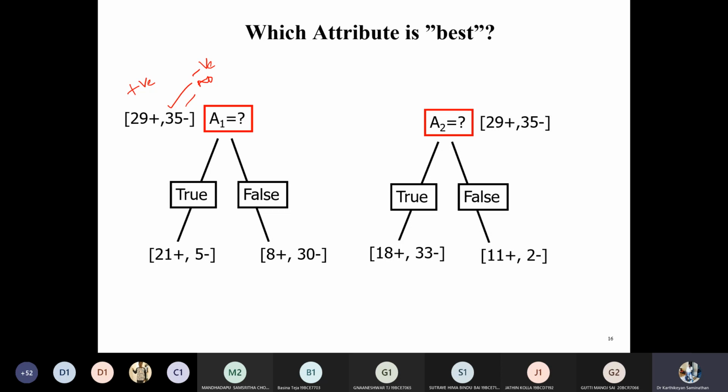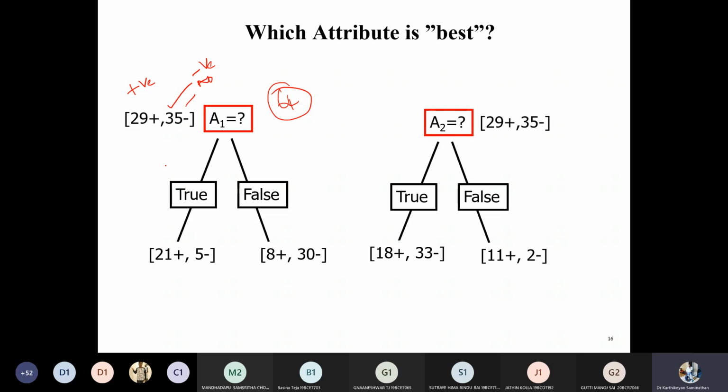In the Find-S algorithm and candidate elimination algorithm, the target concept which are yes is 29, and the ones which are no is 35. All put together, 64 instances are there in this problem, 64 rows. Then here we have two branches, true or false.